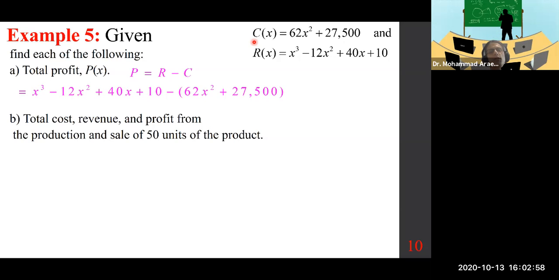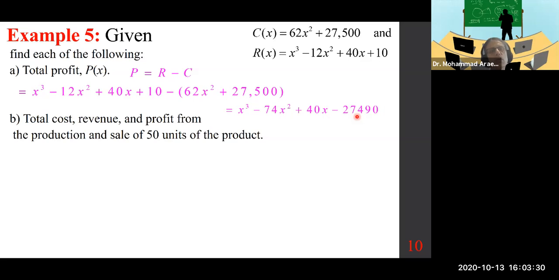So R minus C, you do the simplification, you put them in descending order, and the final answer becomes x cubed minus 74x squared plus 40x minus 27,490. I hope you see why this is minus 62x squared and minus 12 is minus 74. Then 10 minus 27,500 gives you that.